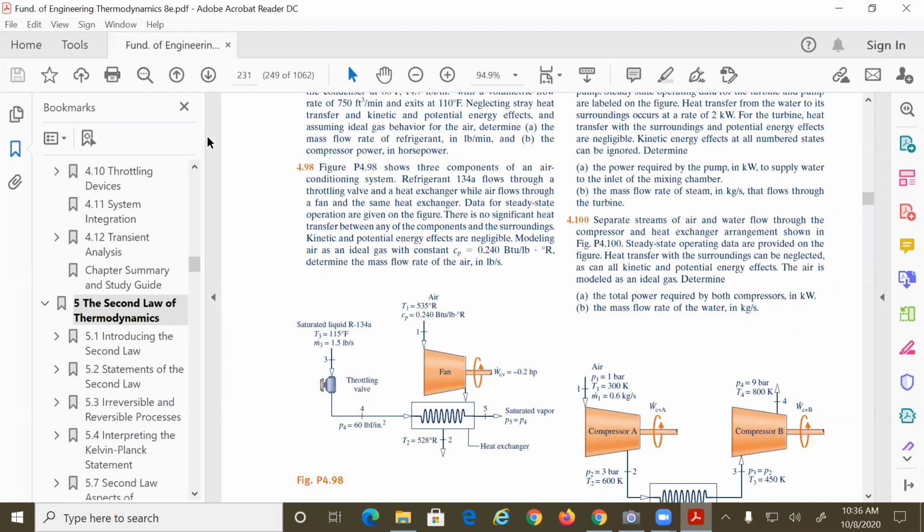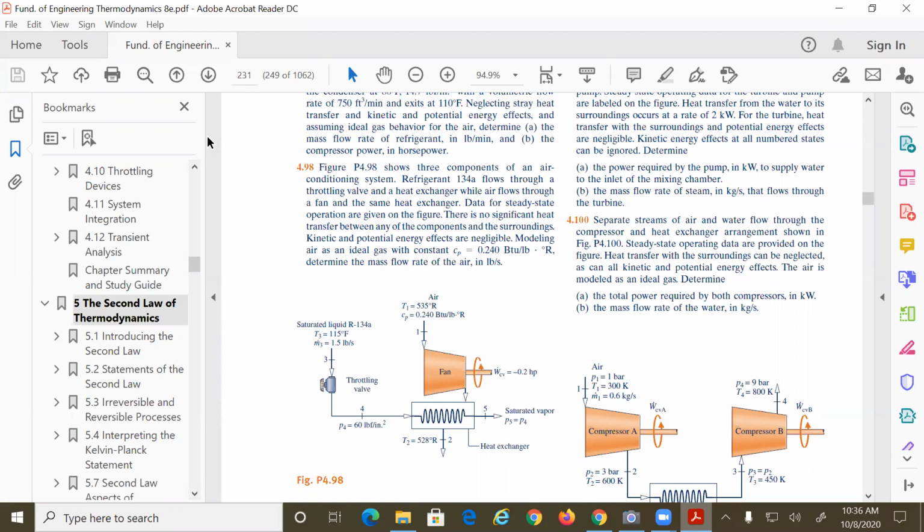Okay, it's a heat exchanger, which is basically a condenser or an evaporator. And then something comes in at 2, at the bottom of the heat exchanger, at T2 equal to 528 degrees Rankine.